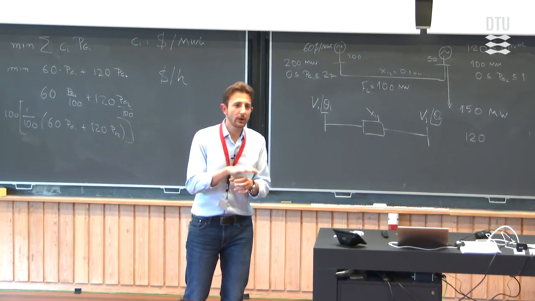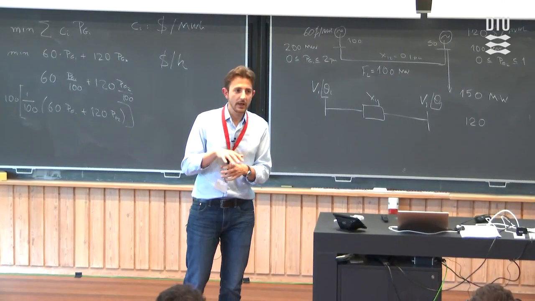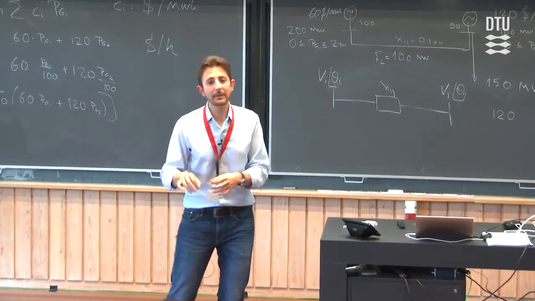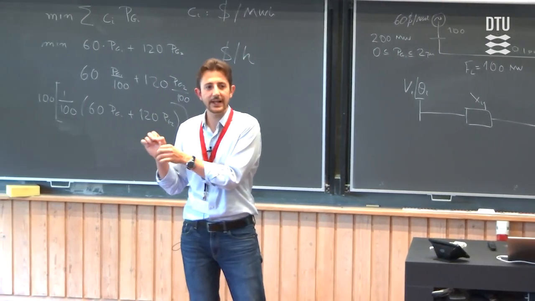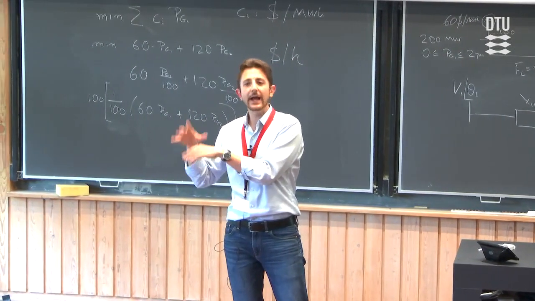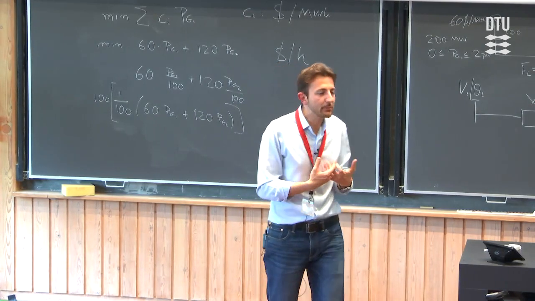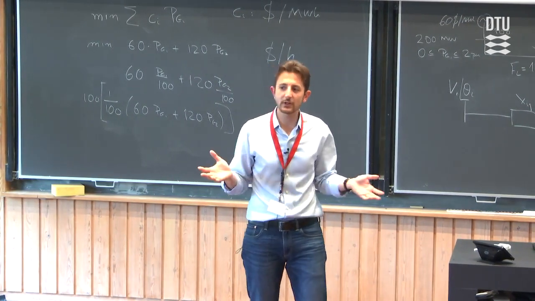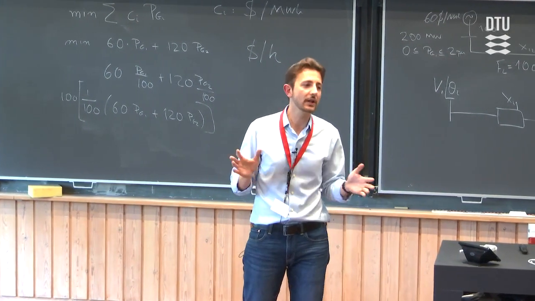If I'm working with millions in my objective function, the tolerance value of 10 to the minus 8 is going to try to converge to something like 100 millions, comma, and 8 zeros. But to be honest, for our problem, we don't really care for the 8 zeros. We are talking about millions. If it's like 100 million 1 or 100 million 2, it's going to be more or less okay.